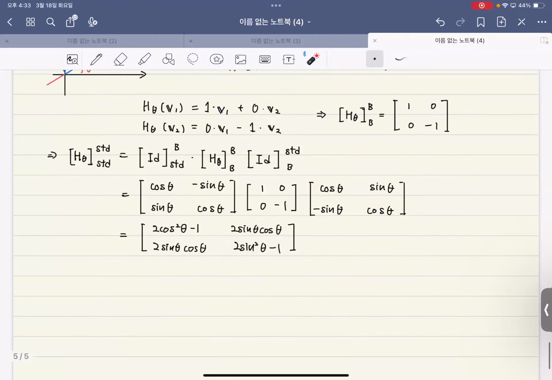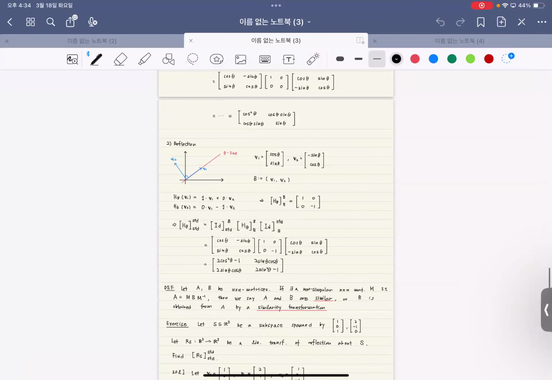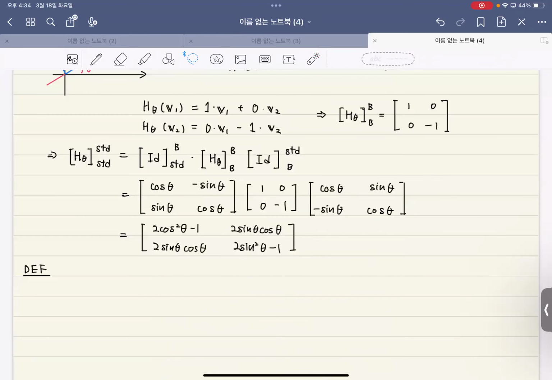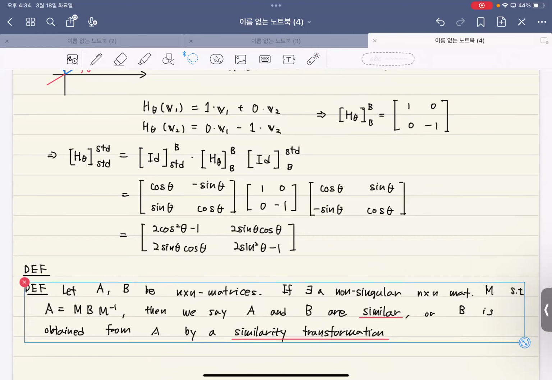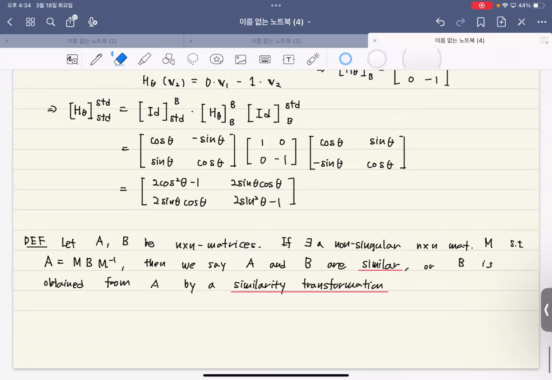Well, I believe this is the right time to introduce the notion of the similarity transformation. Suppose that you have two square matrices A and B with the same dimensions.